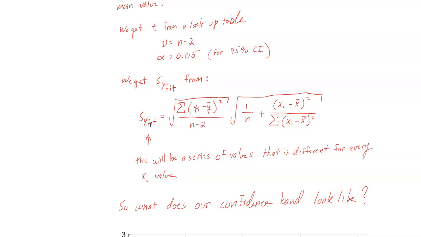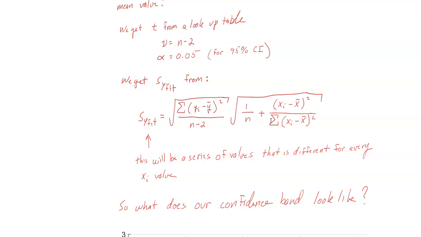So the width of our band will actually change depending upon where we are in our calibration range, and we'll show that in a second. But we notice that xi minus x bar is squared here, and then we're taking a square root.